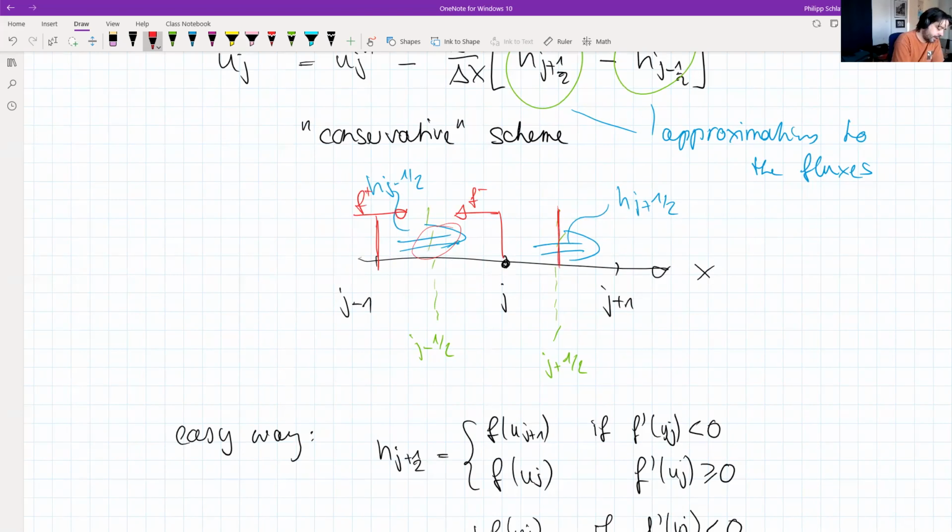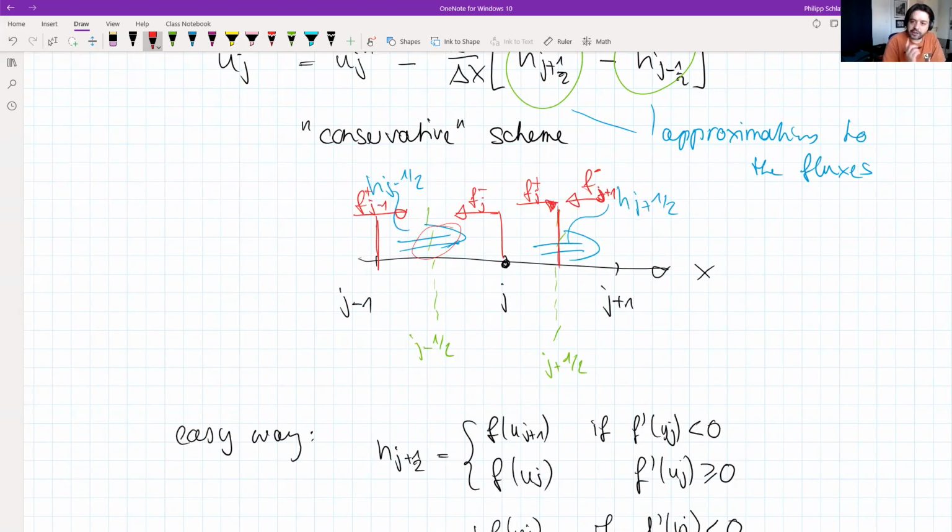At this point, it would be the positive fluxes that come from here, and the negative flux that comes from the prime minus, and the negative flux that comes from here. So if I'm now putting indices here, this would be J plus 1, this would be J, this would be J, this would be J minus 1.